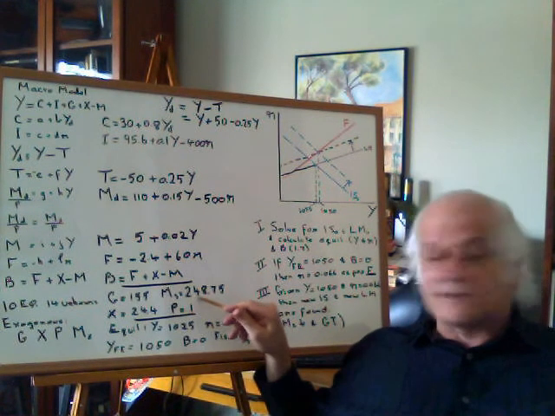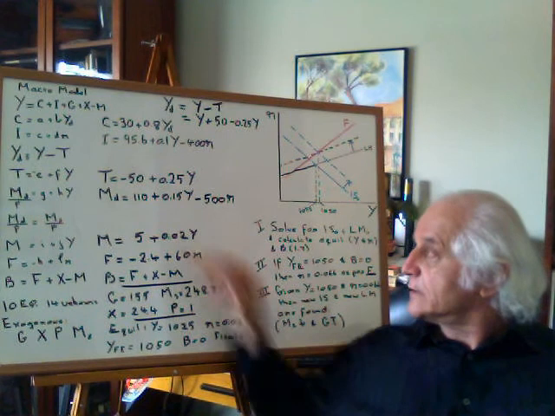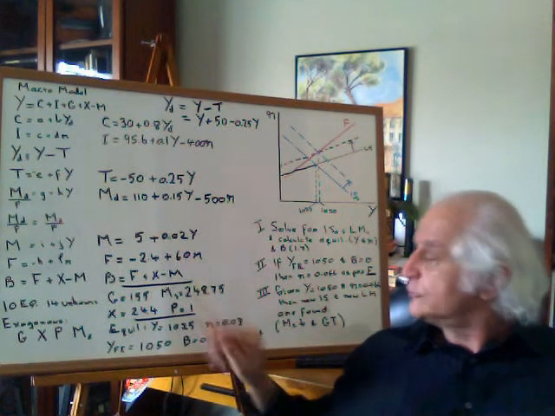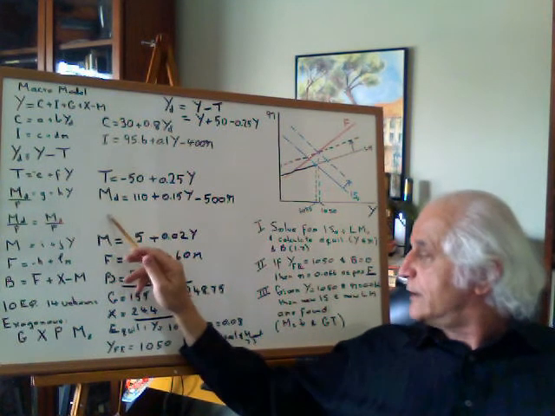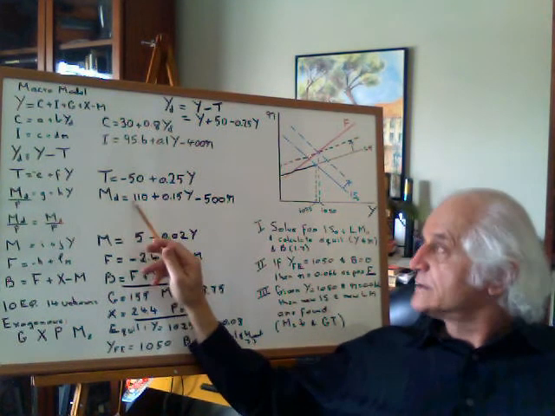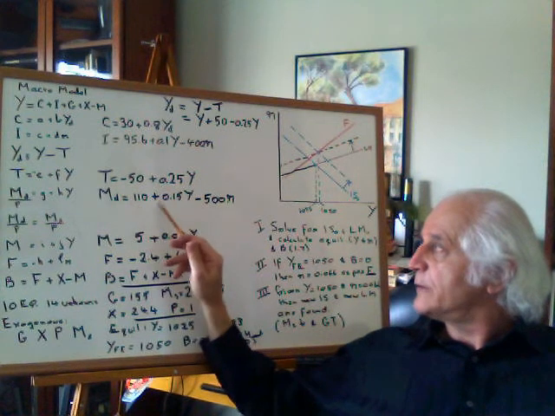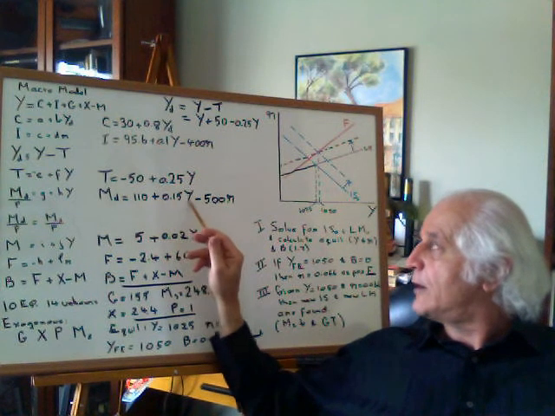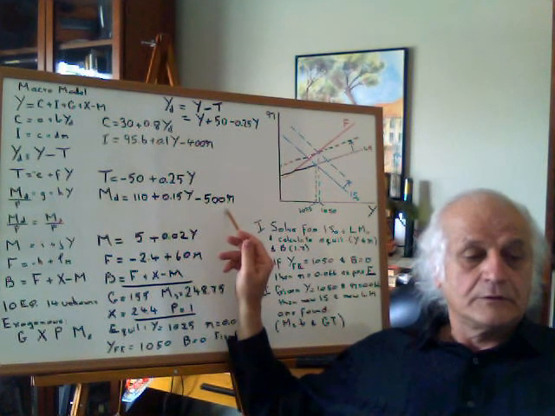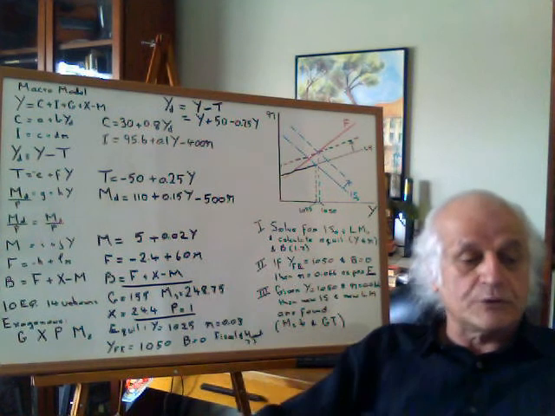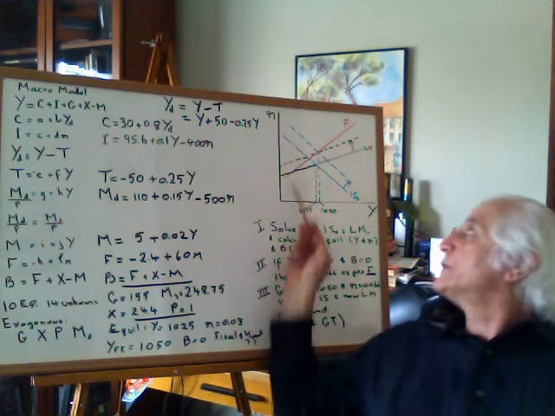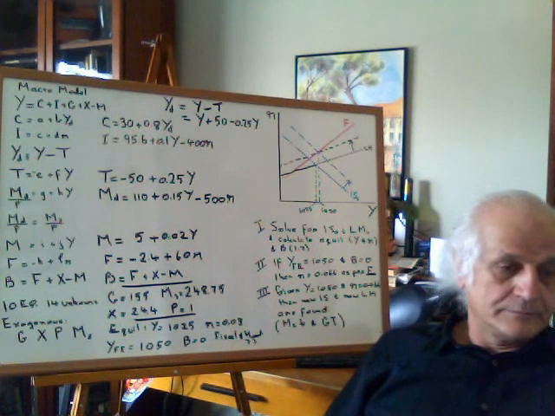I know what the supply of money is, so I take it and plug it in. So really all I need to do over here is say 248.75 is equal to 120 plus 0.15Y minus 500r. And put the Y's on one side, and voila, you have an equation for the LM.